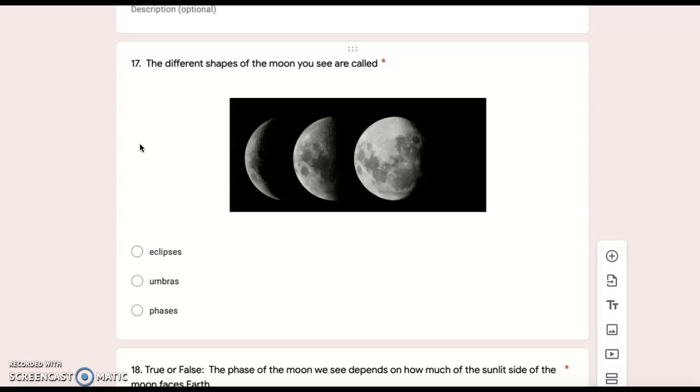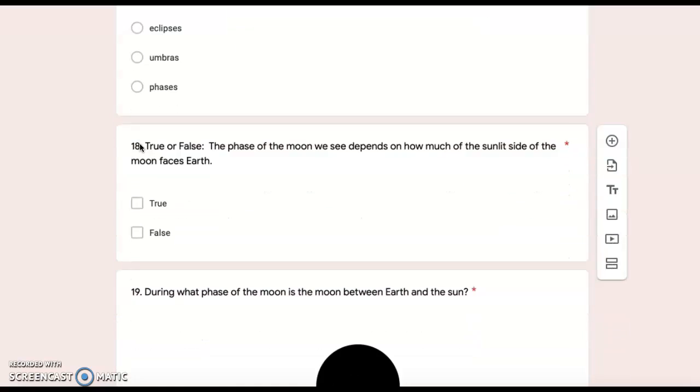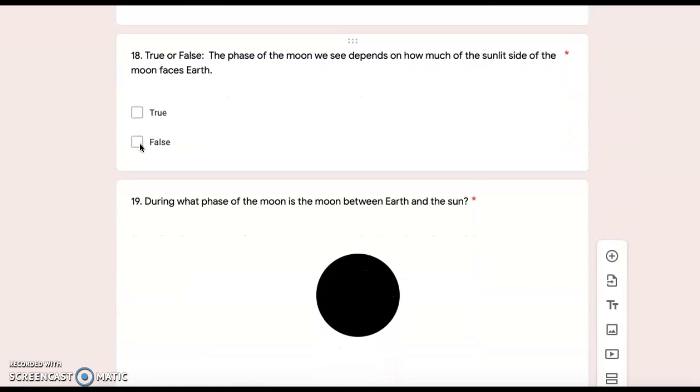The different shapes of the moon you see are called eclipses, umbras, or phases. 18. True or false? The phase of the moon we see depends on how much of the sunlit side of the moon faces Earth. True or false?